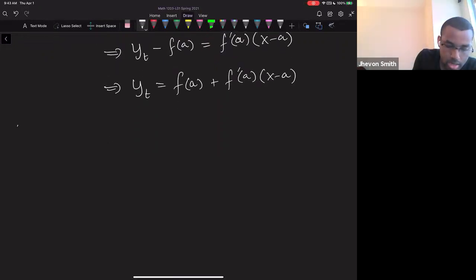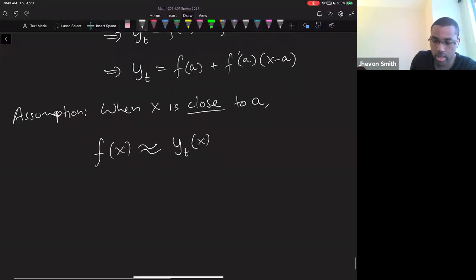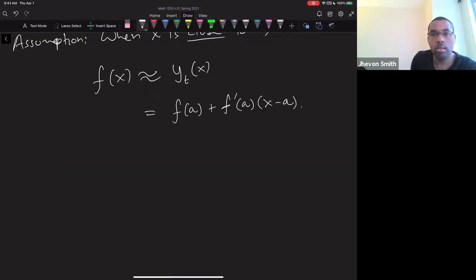And the assumption is when x is close to a, our f of x will actually be very close to the output of our yt of x. And so this is actually the f of a plus f prime of a times x minus a.